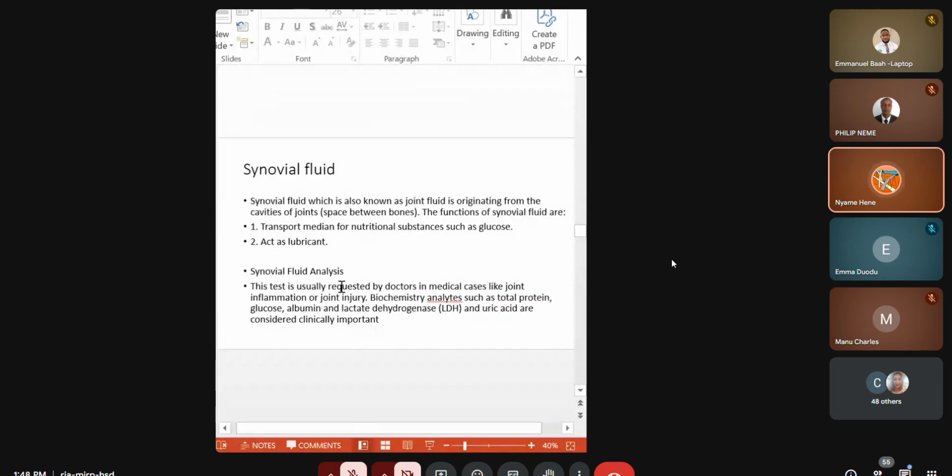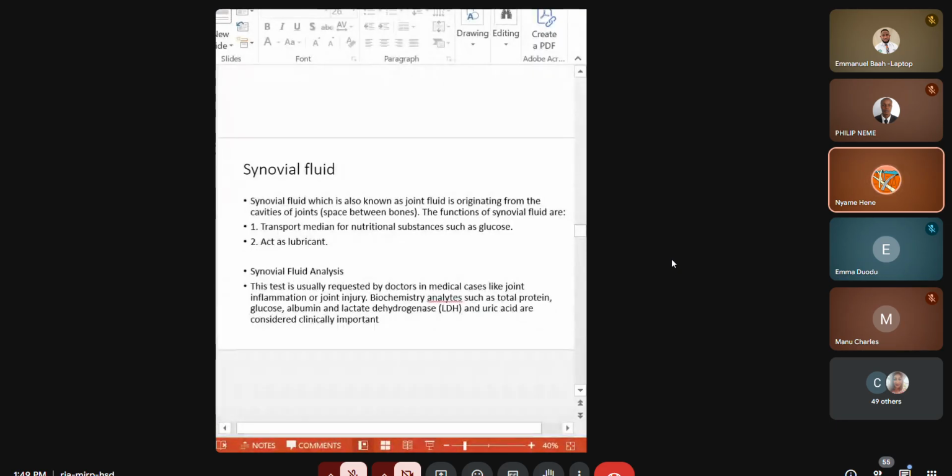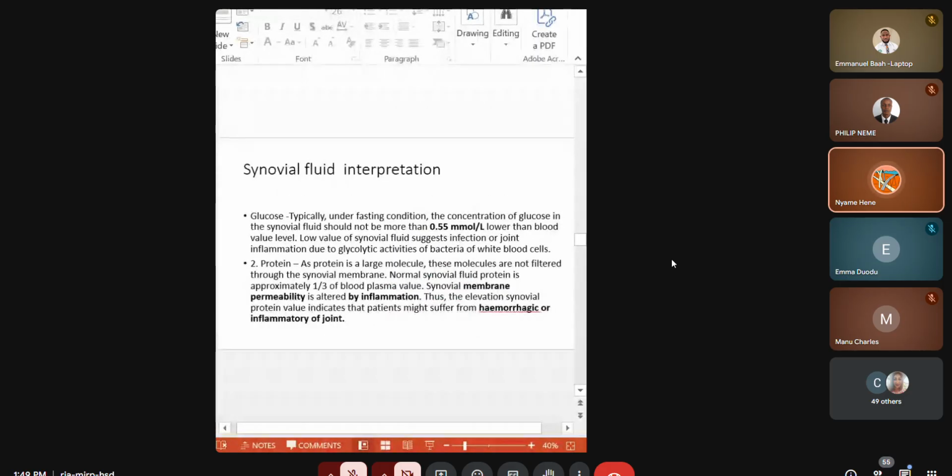Synovial fluid is usually requested by doctors in medical cases like joint injury. We look out for the protein and the glucose levels. You understand? We look out for the protein and the glucose levels because it's just like that of the brain, the CSF, cerebrospinal fluid.